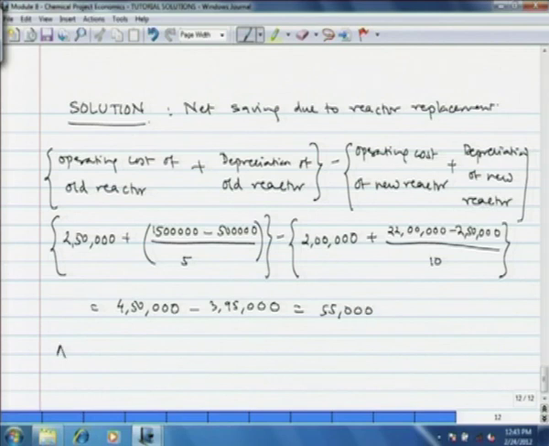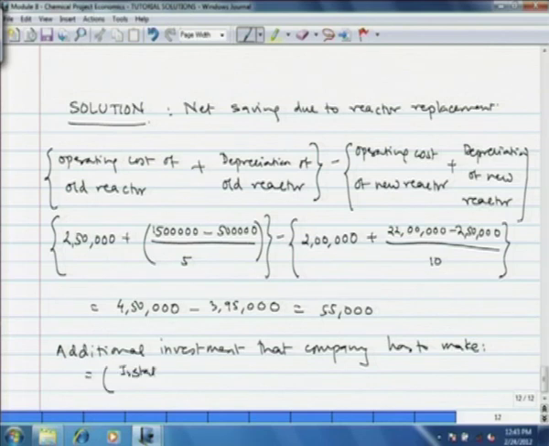The additional investment that company needs to make is the installed cost of new reactor minus the salvage value of old reactor, or resale value of old reactor.